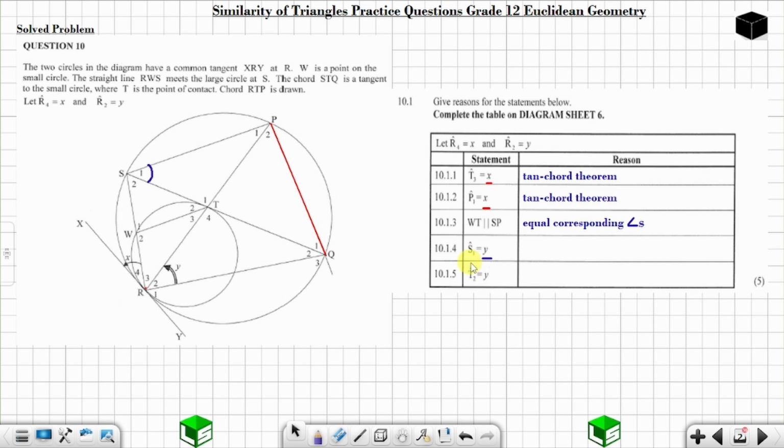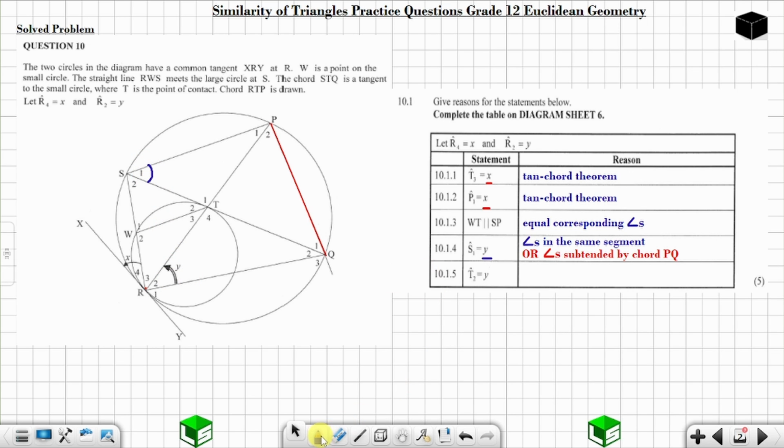So angle S1 is equal to y. You are going to say the reason is angles in the same segment, or angles subtended by chord PQ. They are both equal to y.